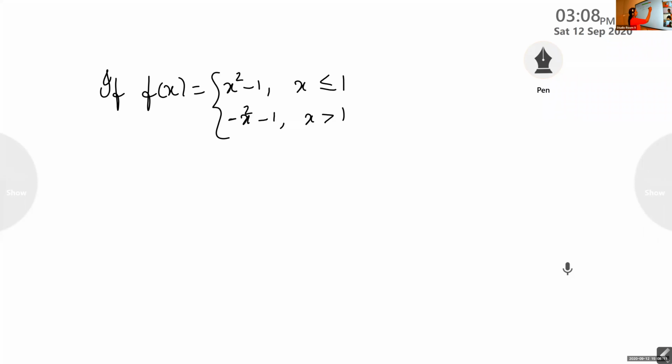Then show that the limit as x tends to 1 of f of x exists.